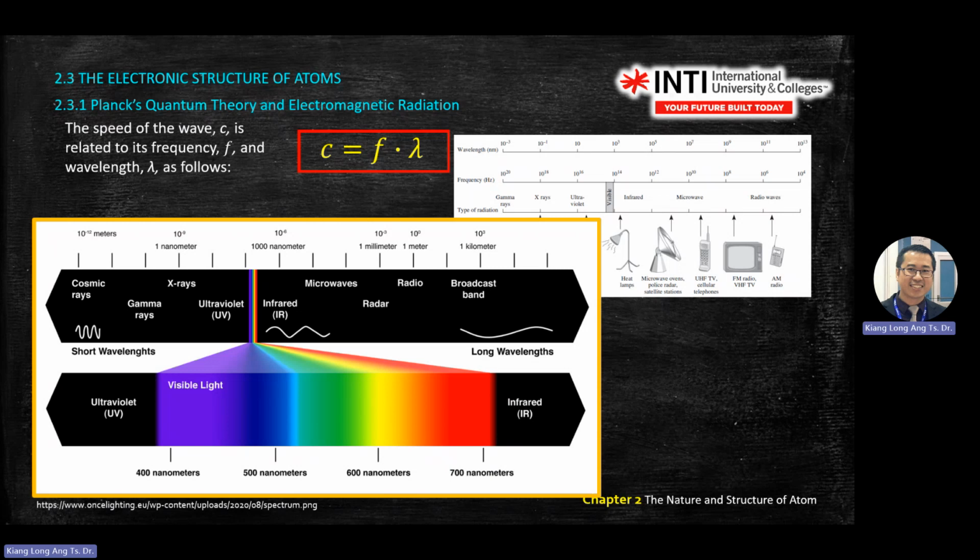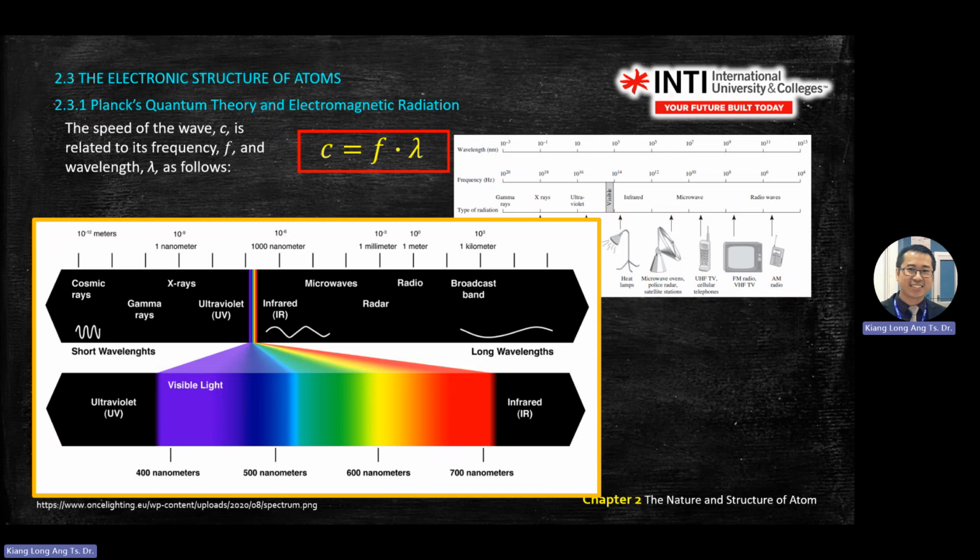For statics, it's a different lecturer handling your lab, so you need to ask the lecturer. For material, both lab and class are under me. Okay, let's start our class.